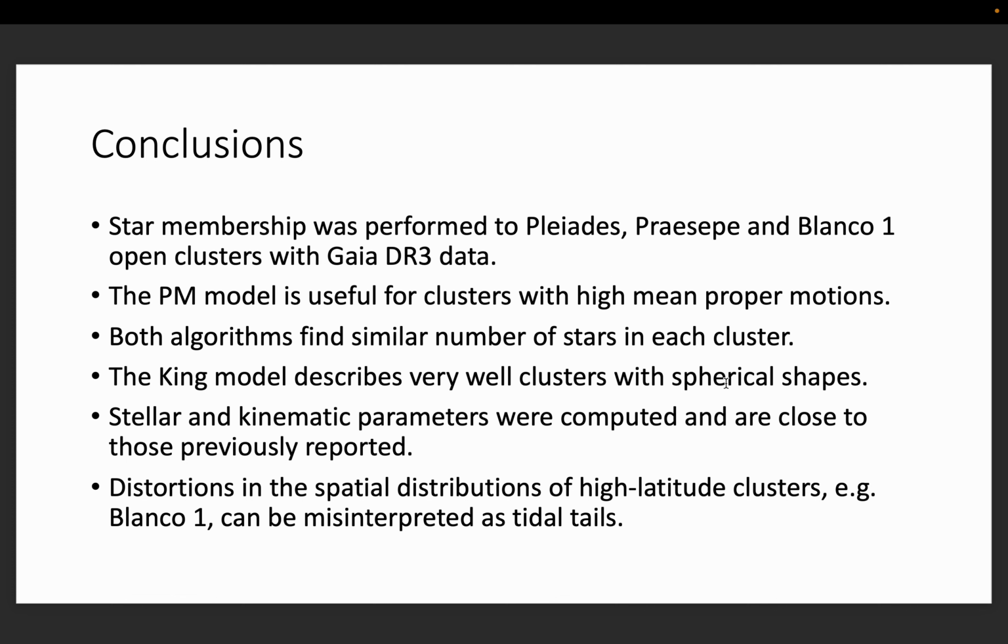Both algorithms find a similar number of stars in each cluster. And of course, the King model describes very well clusters with spherical shapes. We find and estimate the stellar and kinematic properties, which are very similar to previously reported values. And the last one, the distortion in the spatial distribution of high-latitude clusters, for example Blanco 1, can be misinterpreted as tidal tails.